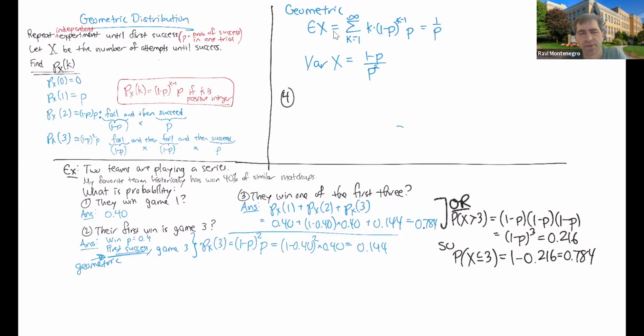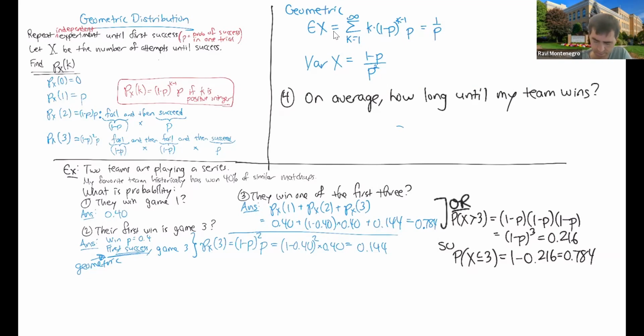So looking down to my teams playing their game thing, I could ask, on average, how long does it take until my team wins? So how does that question relate to the various quantities that we've looked at here?